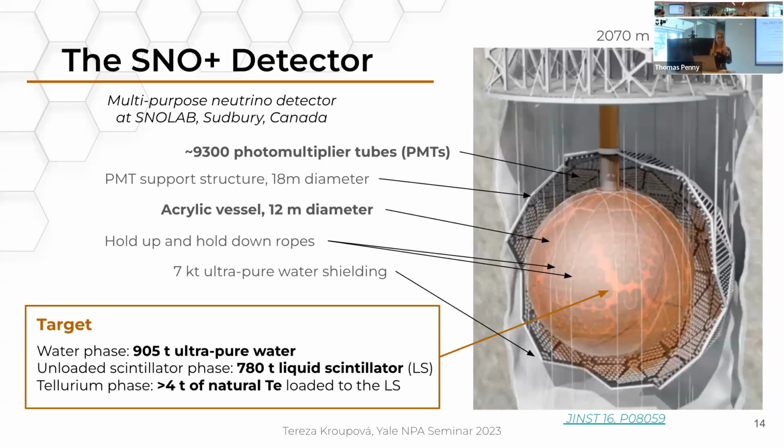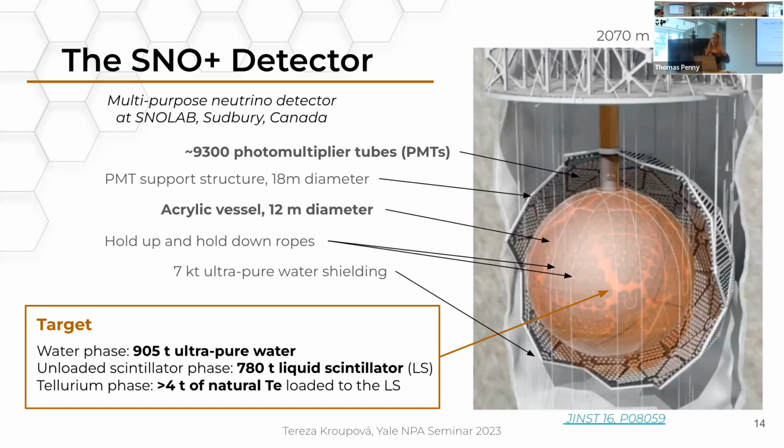Now, the inside of the acrylic vessel is our so-called target. The liquid that is filling the inside of the acrylic vessel defines what sort of phase we're in and what physics we can do. So we finished our water phase, which was 900 tons of ultra pure water, in 2019.